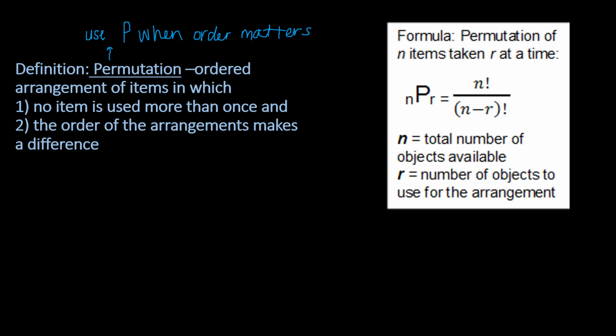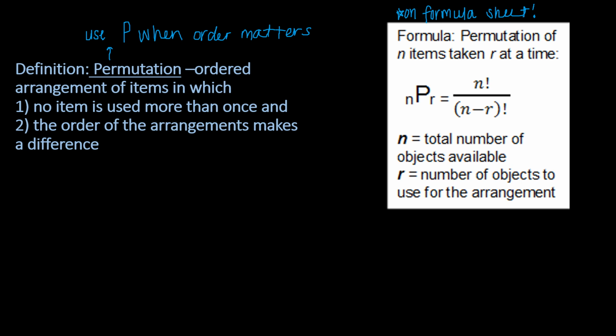Okay, now you have a formula for this. This is on your formula sheet. Now you need to write it on your notes because I did not give it to you, I just gave you the box. So permutation, anytime you want to find an ordered arrangement when the order matters, you're going to use a permutation.